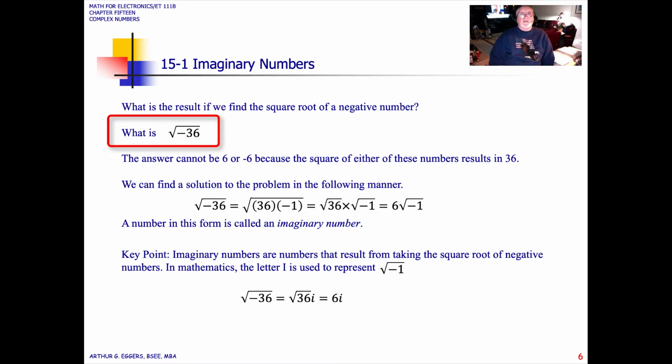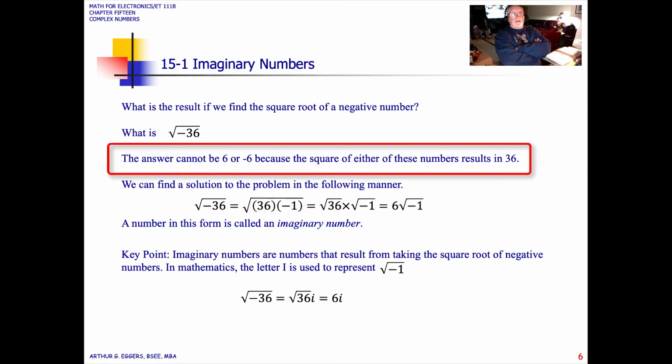What's the result if we find the square root of a negative number? So we need to build what is the essence of this imaginary number. We need to build an operator. And in doing this, we start with this square root of a negative number. And in taking the square root of this number, the answer cannot be positive or negative.